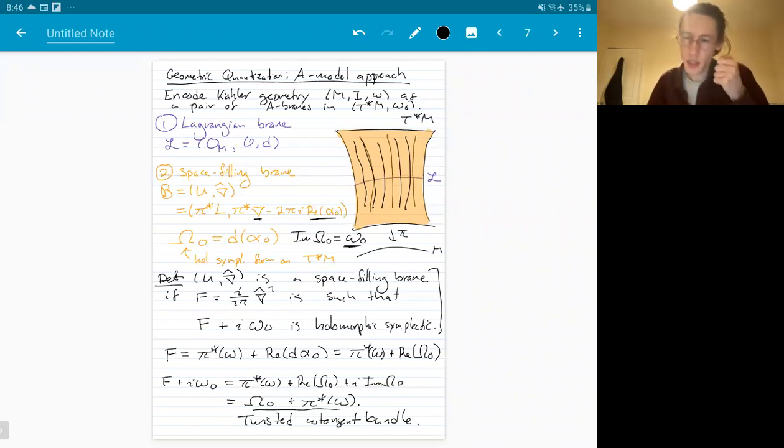So the groupoid doesn't change when we turn on the Poisson structure, and the brane doesn't change when we turn on the Poisson structure. All that changes is the tensor product.